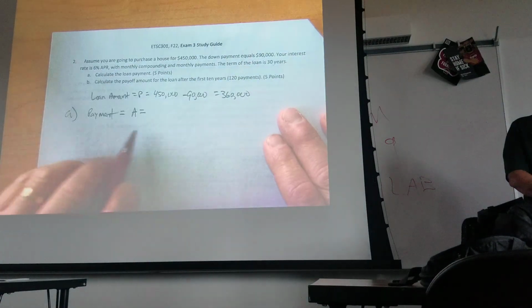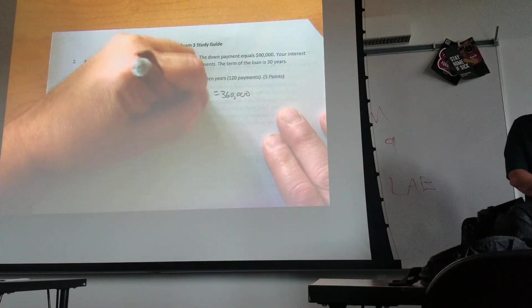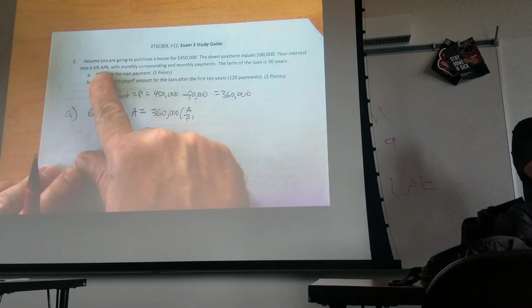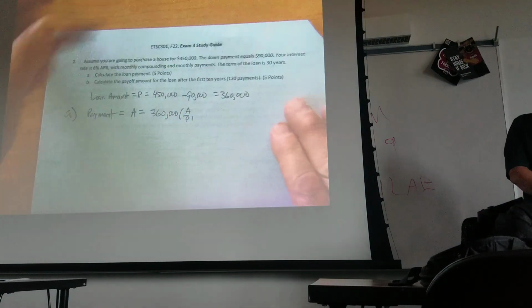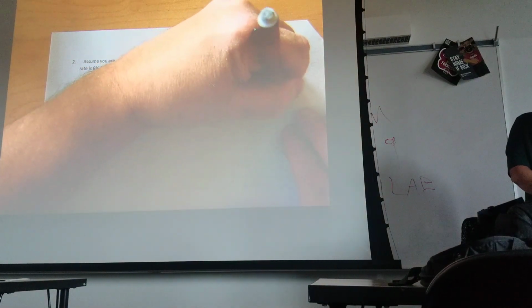Okay, so we have 360,000 for P times A over P, which is 6% with monthly payment and compounding. So i equals 6% over 12 equals 0.5%.